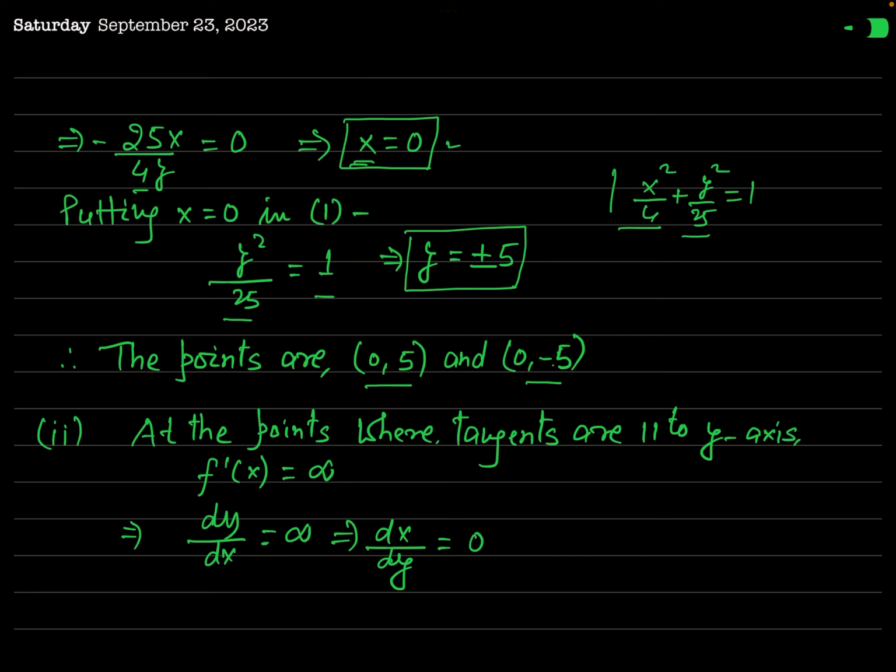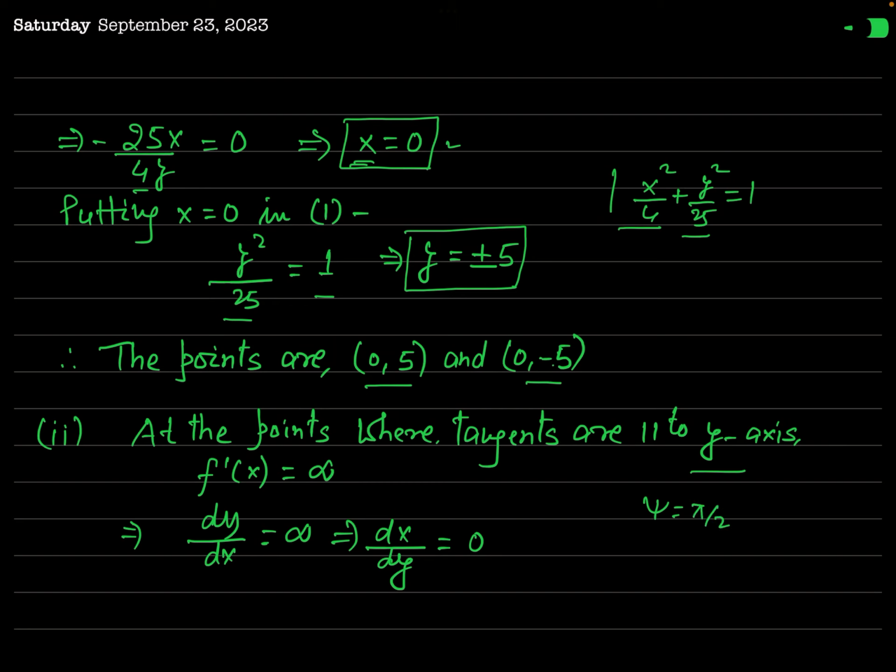Now we have to locate all those points where the tangents drawn to this curve is parallel to y-axis. But you know, when the tangent to the curve is parallel to y-axis, then it is perpendicular to x-axis. And if it is perpendicular to x-axis, then psi will be equal to pi by 2.